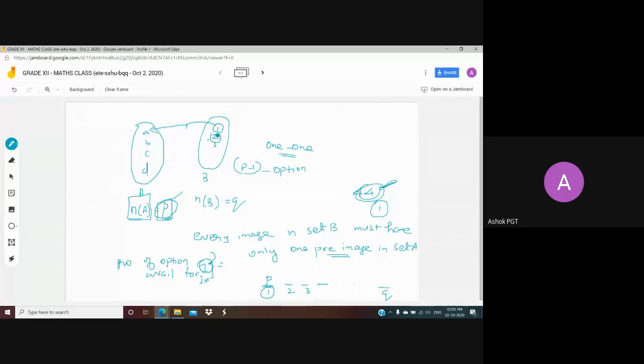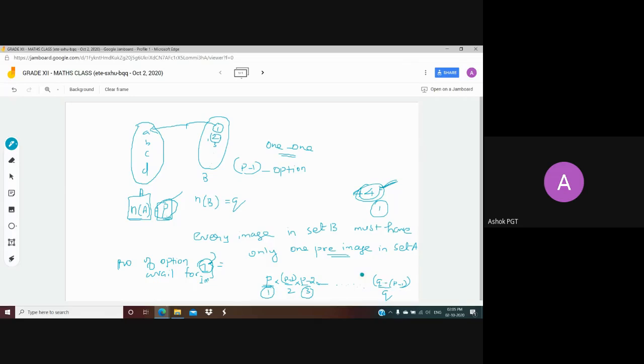So the number of options available for 2 will be P minus 1. And the number of options available for image 3 to join with the pre-image will be P minus 2. Students, are you clear? Like this, it will keep on going till Q, where the last will be Q minus (P minus 1).